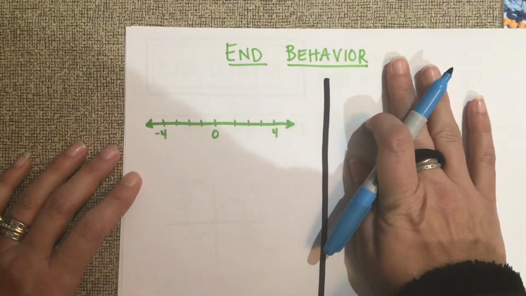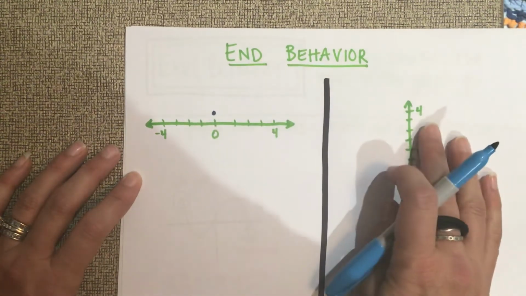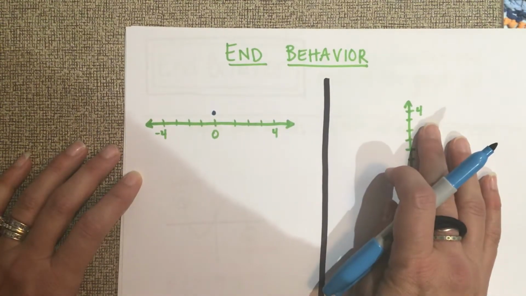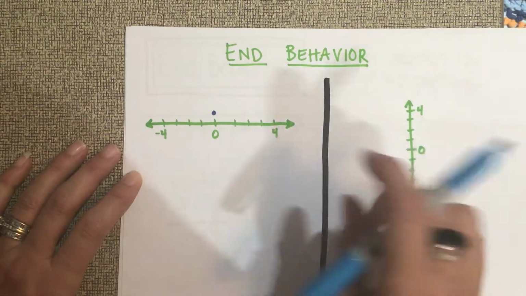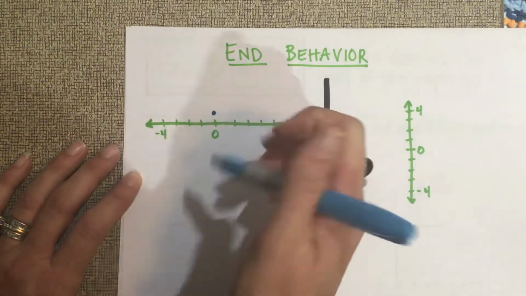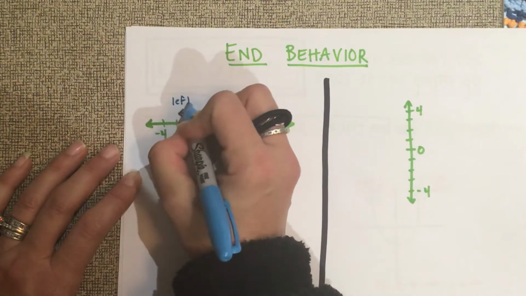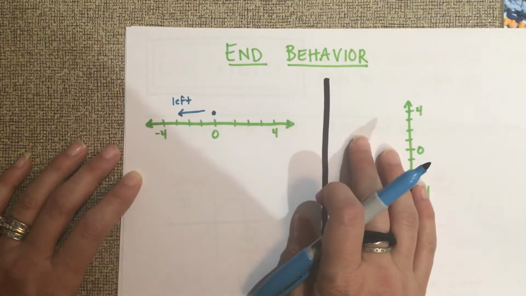If I wanted to go the way of negative, which direction would I go? Would I go right or left? So of course we would start at 0, right? If I wanted to go negative, would it lead me to the right, or is it going to lead me to the left? It's going to go to the left, right? So as we move left, we get more and more negative. We get smaller and smaller, right?